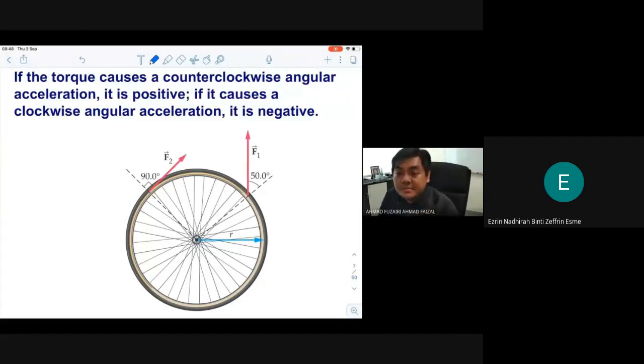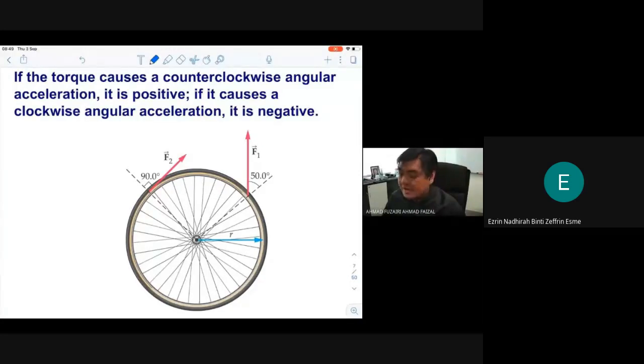So how to determine whether the torque is positive or negative? It's very hard to show you like that. If the torque causes a counterclockwise angular acceleration, is it positive?